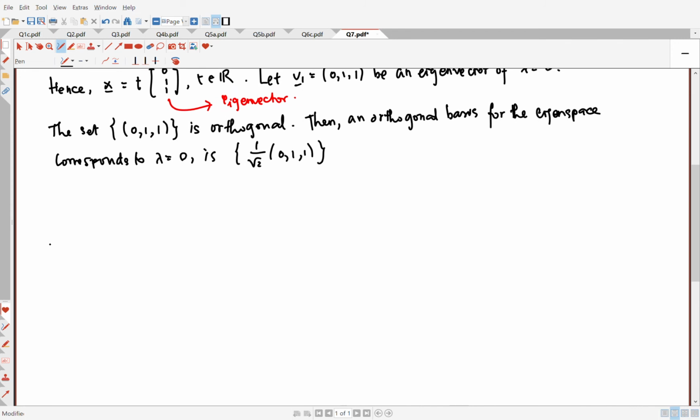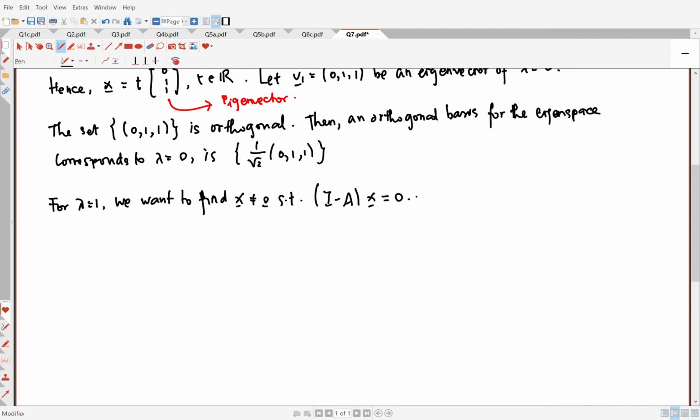Let's move on to lambda equals 1. So for lambda equals 1, we want to find x such that (I minus A)x is equal to 0.